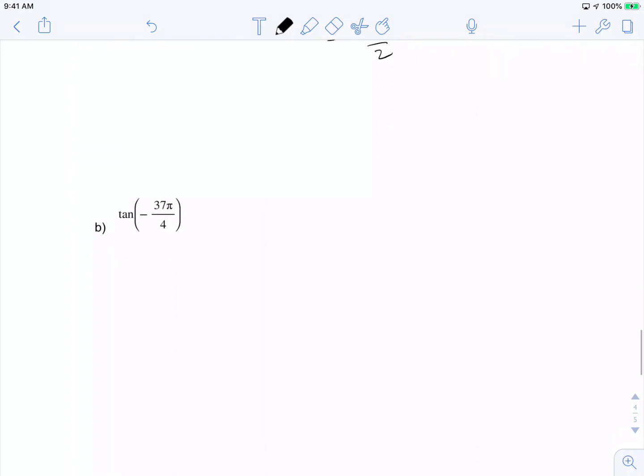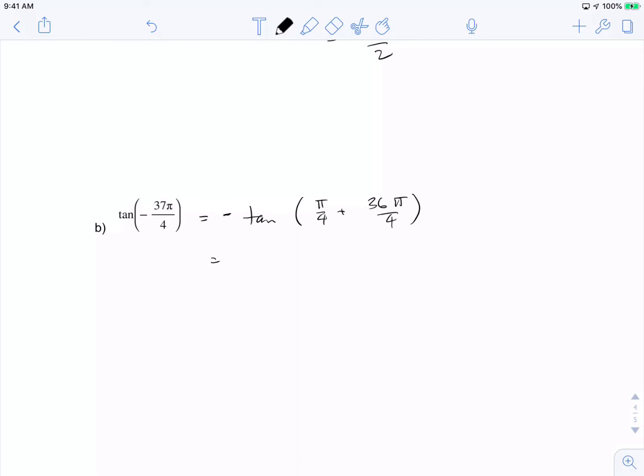Now, let me do one last example, and then we'll call it a day. Tangent of negative pi over 4 plus 9 pi.